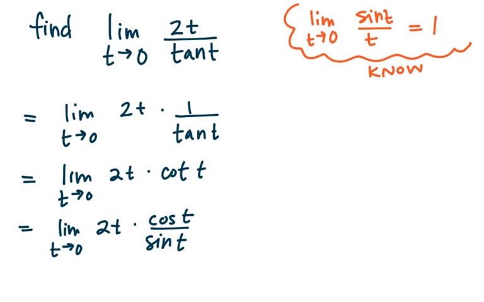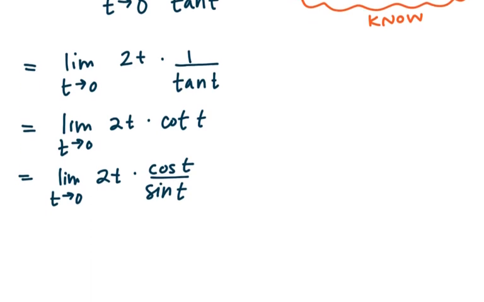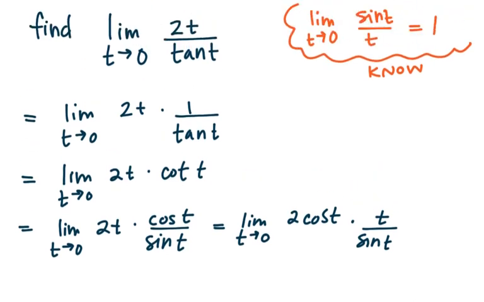All right, so let's manipulate this a little further. So using properties of commutativity for multiplication, I can rearrange the way this looks and say, well, that's 2 times cosine of t times t over sine t. And notice this is pretty similar to that, but not exactly the same yet.